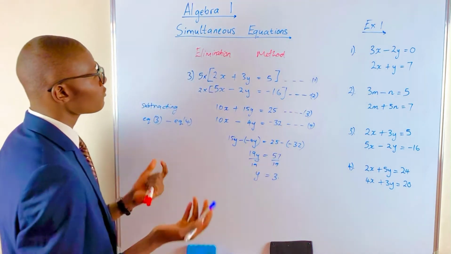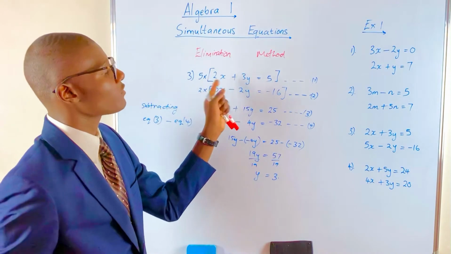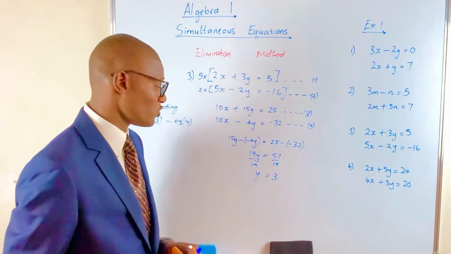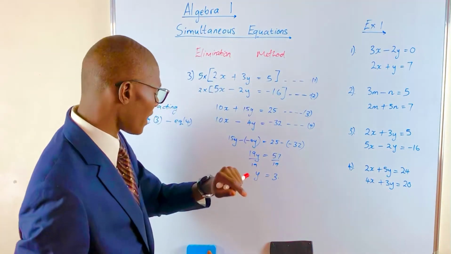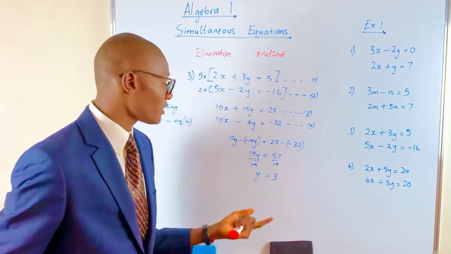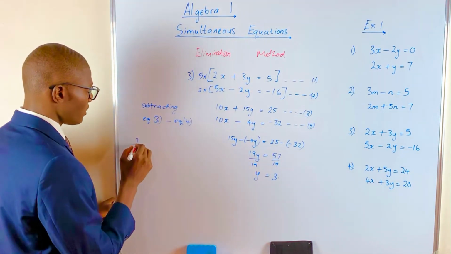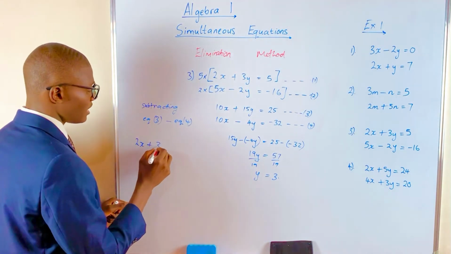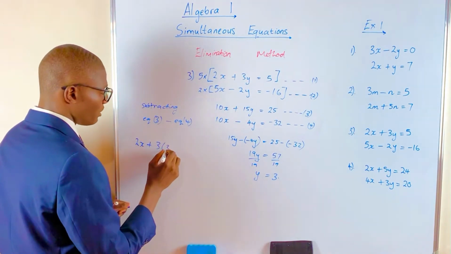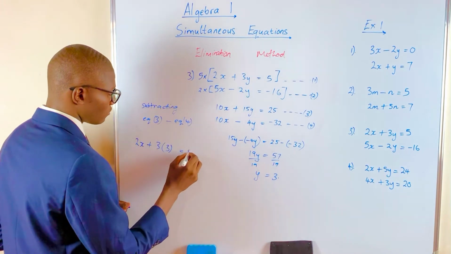So now solving for x, we use either equation 1 or equation 2. Then in place of y, we're now simply putting what? We're now putting 3. So if you pick equation 1, we are now saying 2x plus 3y, being equal to 3, is equal to 5.